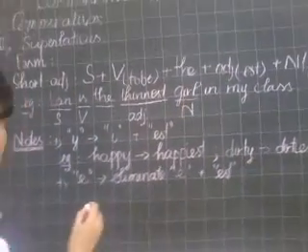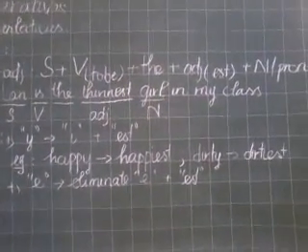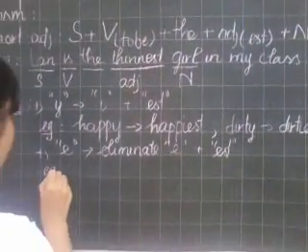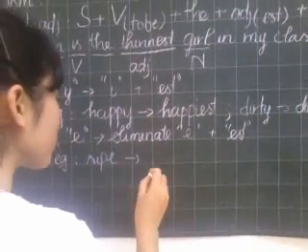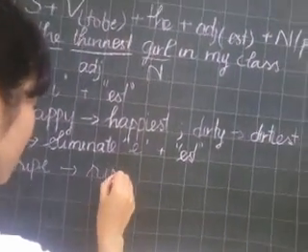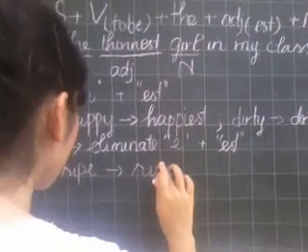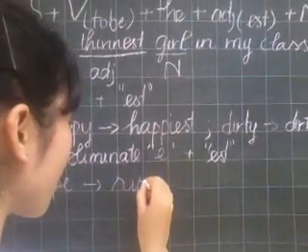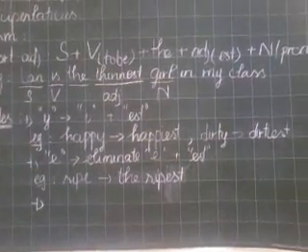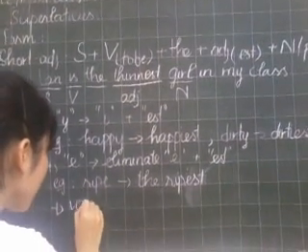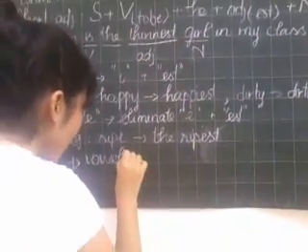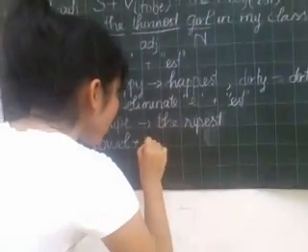For example, we try to read... The third one. Adjective with a vowel and a final consonant.